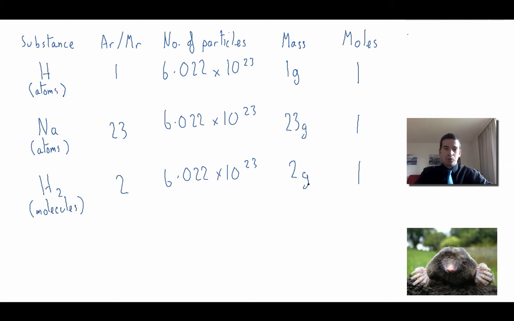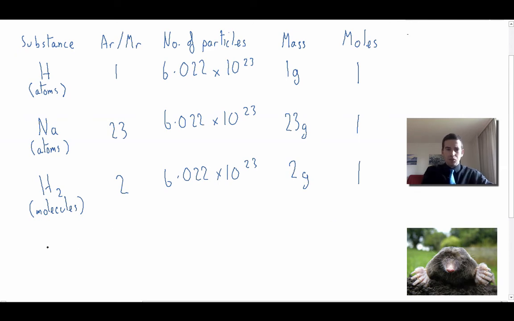So in this case, because we're talking about molecules, 1 mole of hydrogen molecules is 2 grams, whereas 1 mole of hydrogen atoms is 1 gram. Mole is just an amount. So just be careful with the wording, atoms, molecules.